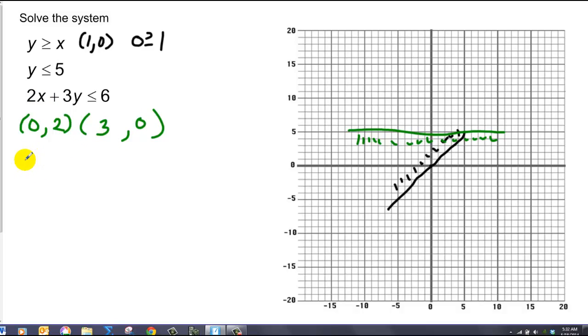So once again, this is my y-intercept, this is my x-intercept. Sometimes it just makes it a little quicker to go ahead and approximate values. So 0, 2 is right around here. 0, 3 is down here. I'm going to go ahead and connect those dots.